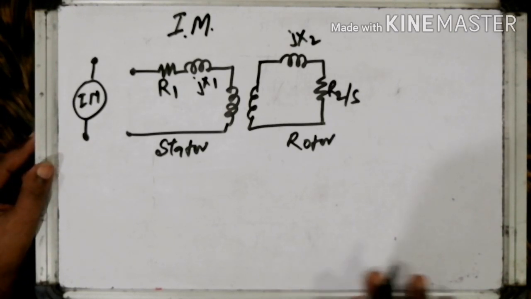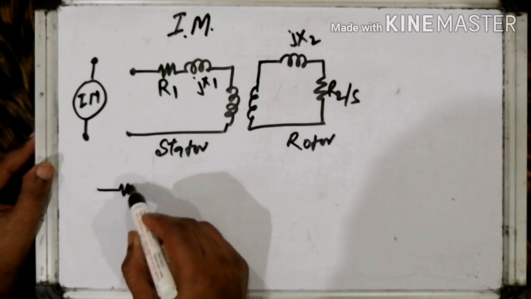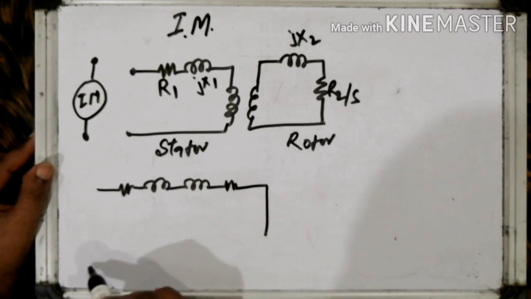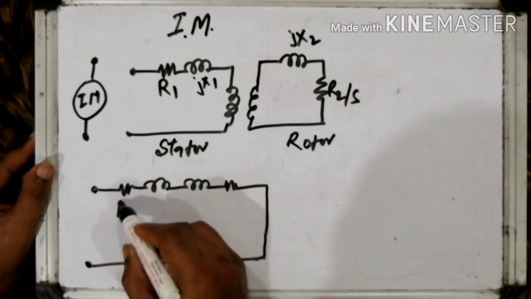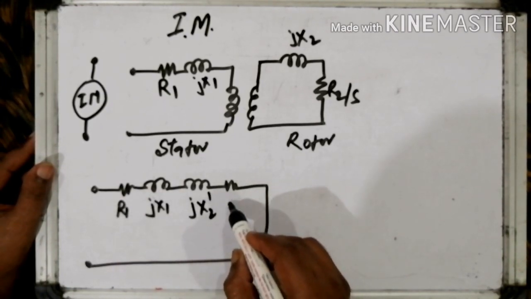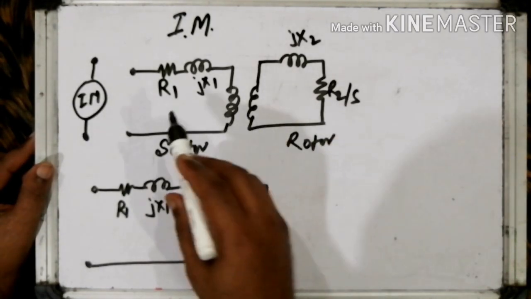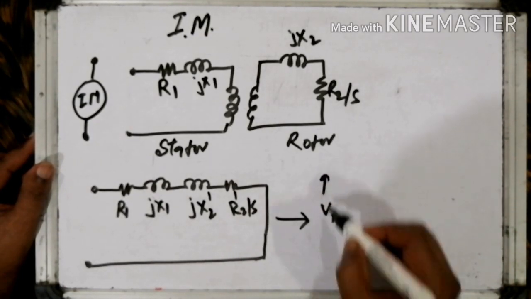Now see the circuit diagram when it is referred to the primary side. How will it look? This one is resistive part, inductive and resistive. Now it is referred to the primary side. This one is R1, JX1, JX2 dash, and R2 dash divided by S. And it should be like this.